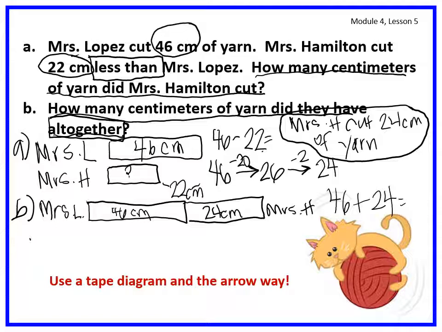So I start the arrow way at 46 and I add 20. That takes me to 66. And then I add 4 more to 66, and that equals 70.